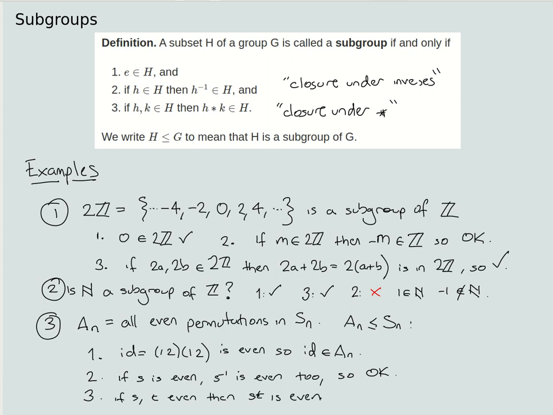So what that says is if you've got two elements of An, then their product under our group operation is also in An. It tells you An is closed under the group operation, so we've passed condition 3. Okay, all three parts of the definition of a subgroup passed, so An really is a subgroup of Sn.